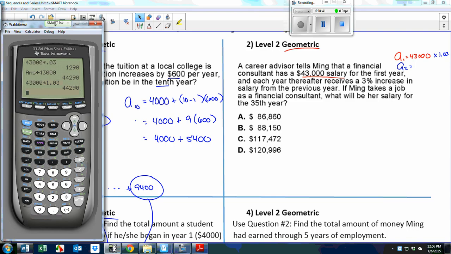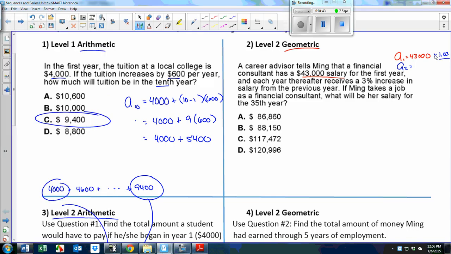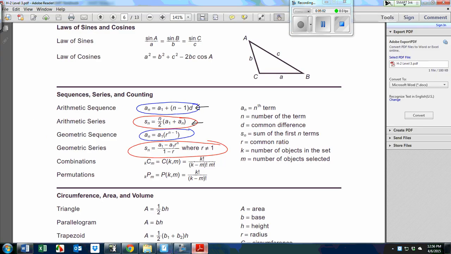So in other words, your r is 1.03 because this is a geometric pattern. If Ming takes a job as a financial consultant, what will her salary be in the 35th year? Again, I'm using the formula a sub n equals a sub 1 times r to the n minus 1. I'm using the sequence formula. It's not asking us to add her salary each year yet. It's asking us to find the 35th salary.